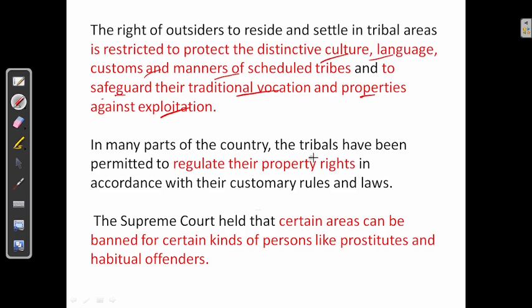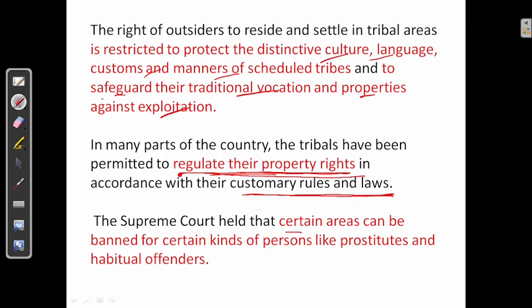Next, in many parts of the country, the tribals have been permitted to regulate their property rights in accordance with their customary rules and laws.